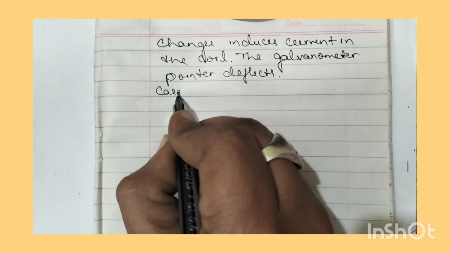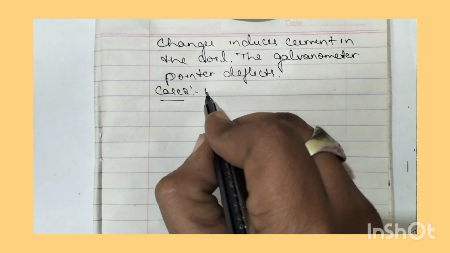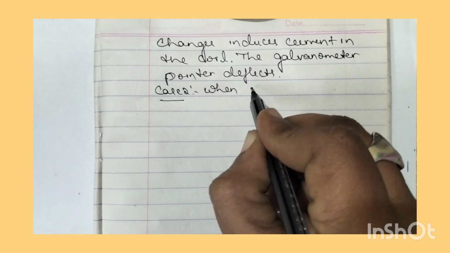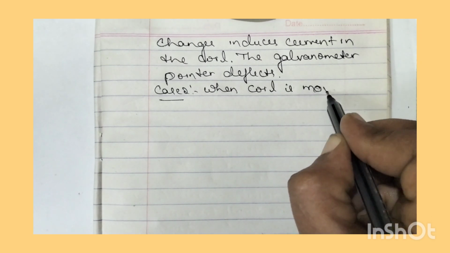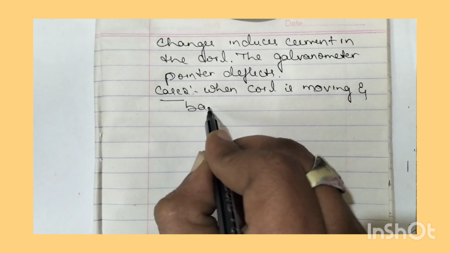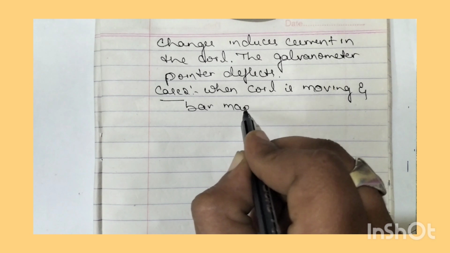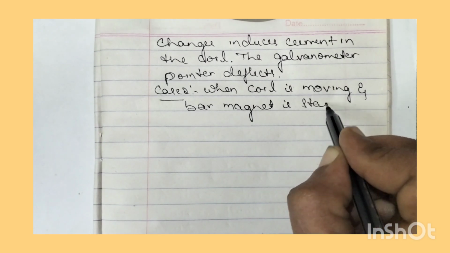Case number 2. When coil is moving and bar magnet is stationary.